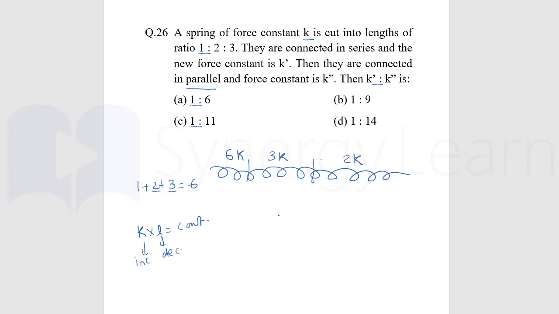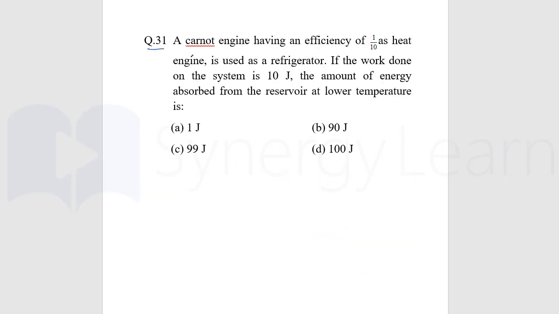As we know, when springs are connected in parallel, then equivalent spring constant is the sum of the individual spring constants. So we have 6K plus 3K plus 2K. So it is 11K. Hence the ratio 1:11 is the correct answer.